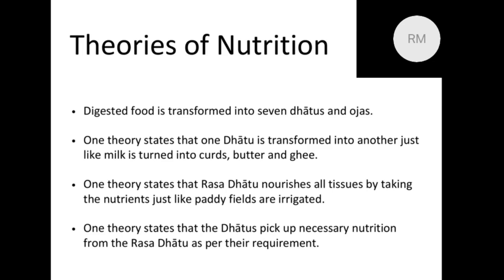It will not go automatically, but you need to use some energy to push the substances across. So these are two types of transports. It's very interesting to see that Ayurveda has talked about all these three types of transformations and nutritional exchanges, the possibility of stem cell regeneration, the possibility of passive transport, as well as the possibility of active transport.